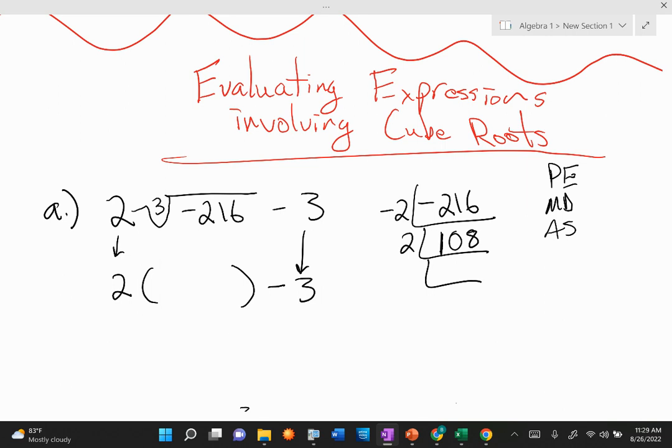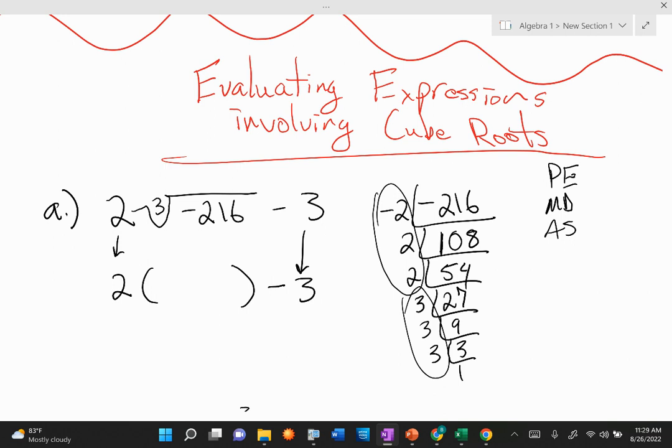That gives us 54. What can we divide 54 by? Which gives us 27. Can we take it from there? Okay, so 3, 3, 3, gives us a 1. So we have a group of 2s with a negative. We have a group of 3s with no negative. So it's going to be negative 2 times 3, which is negative 6.